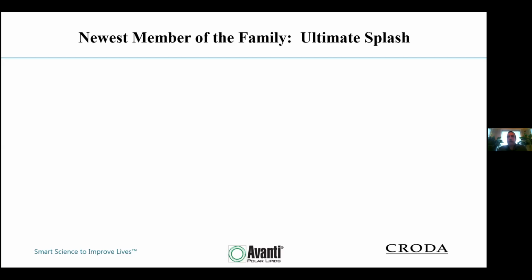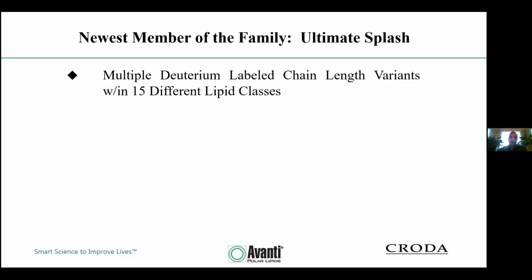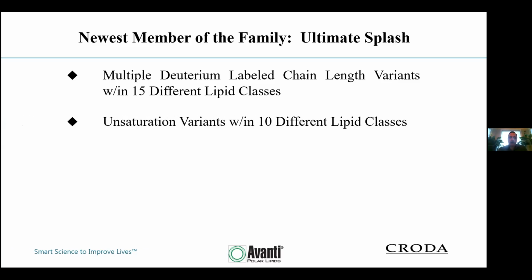So more recently, in our collaboration with Chemicruz, we came up with what we call the Ultimate SPLASH. And this particular SPLASH mix has multiple deuterium chain length variants within 15 different lipid classes. And this again is what Gerhard alluded to earlier, right? And what we have are many different unsaturation variants within those lipid classes.